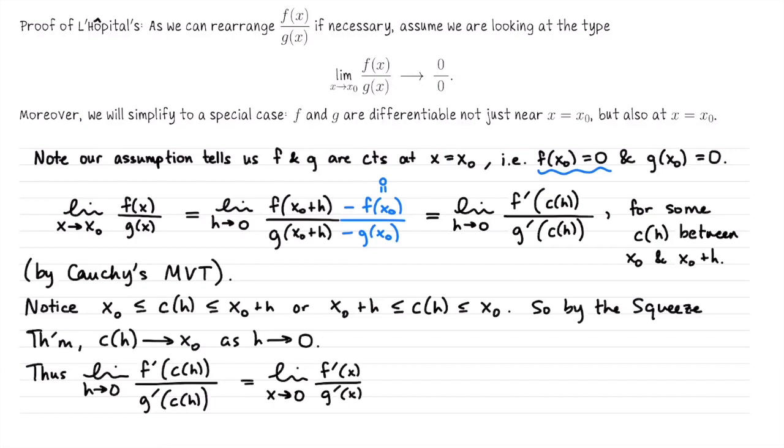So if the limit as x goes to x naught, let me fix that, that should be x naught. If that limit on the right exists, then the limit as h goes to 0 of f prime of c of h over g prime of c of h would go to the same place. So the substitution I've made is just a more general limit. So if this exists, then we have our limit.